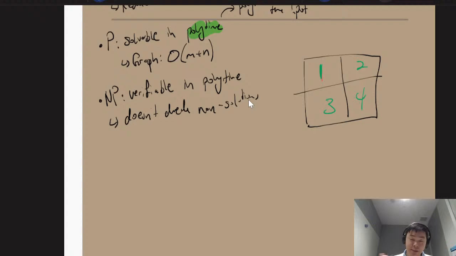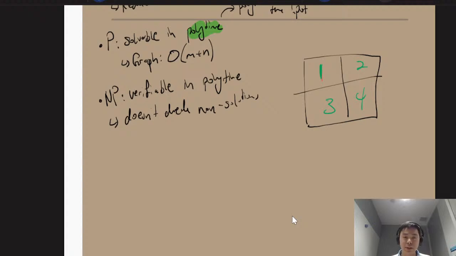So this basically just says, if you give me a solution, I can check that it is a solution, or I can check that it is not a solution, but if it is not a solution, then I won't be able to find a solution in polynomial time, or at least we don't know the way of finding the actual solution in polynomial time. Cool. And so in both P and NP, we often deal with decision problems.